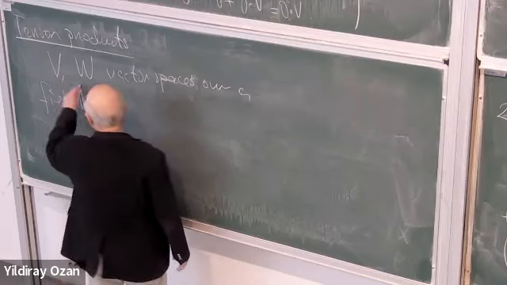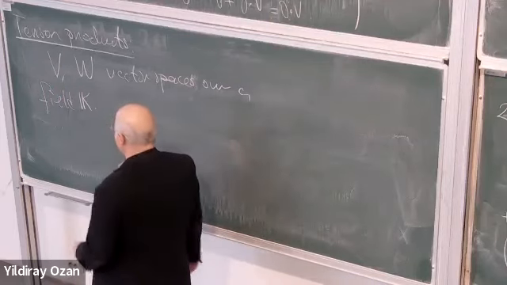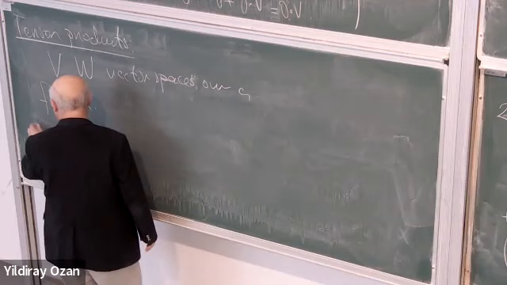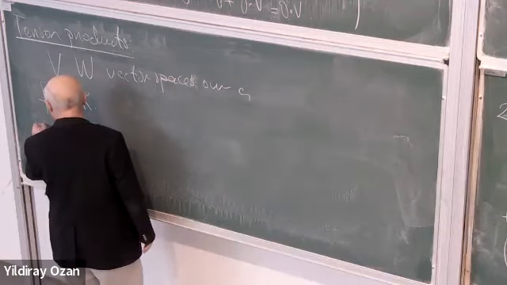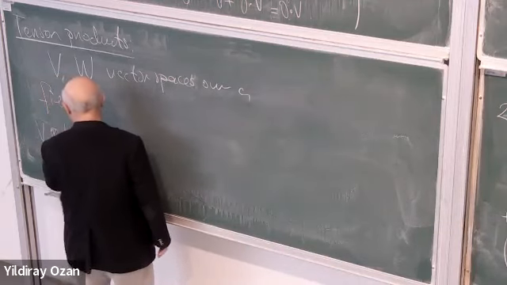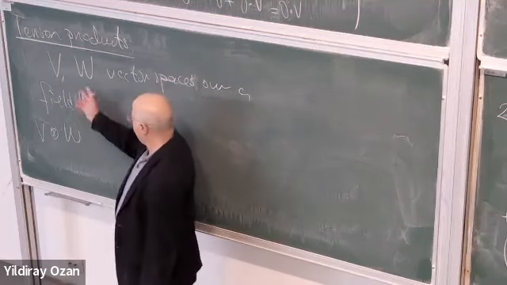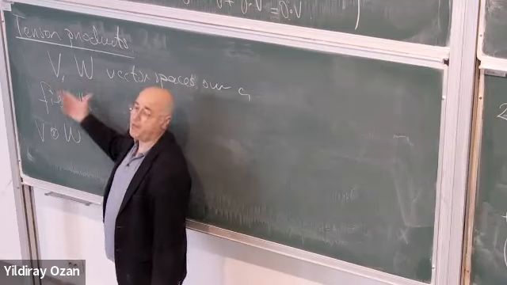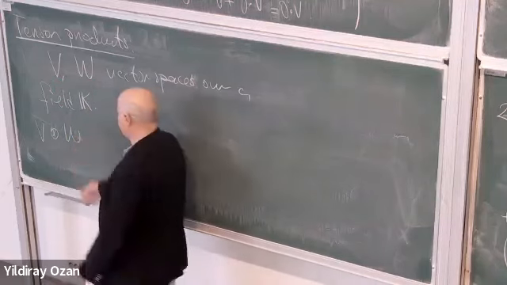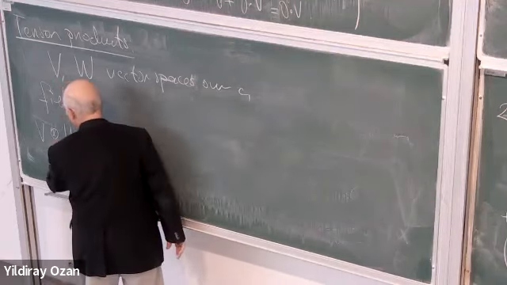The tensor product of V and W is another vector space. So V tensor W. Sometimes, to indicate that these are vector spaces over K and the tensor product is defined over this field K, we write K here.